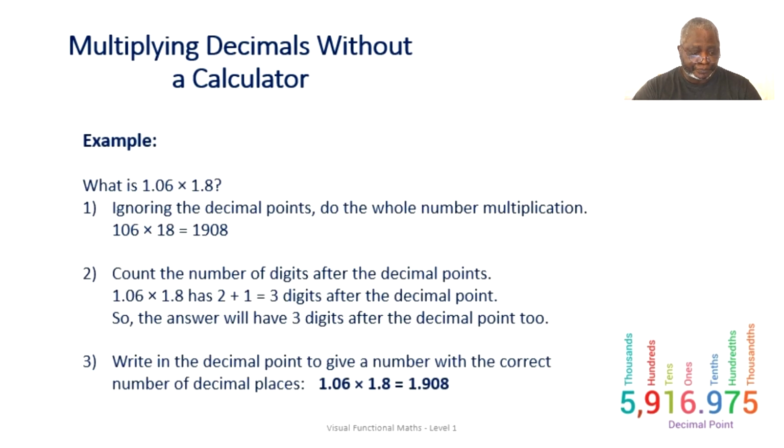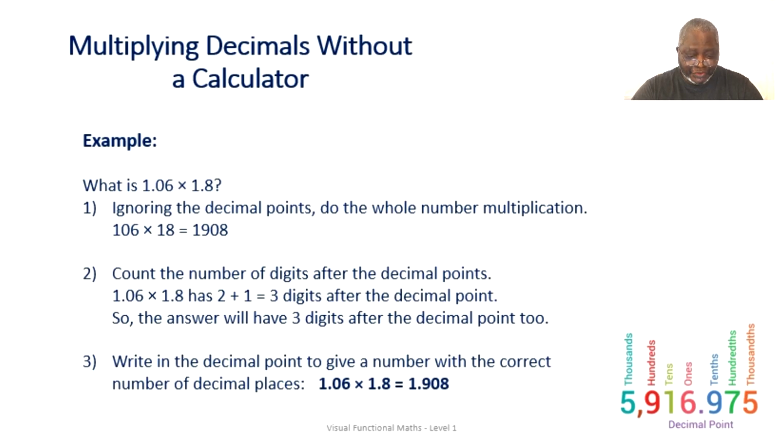An example. What is 1.06 times 1.8? Ignoring the decimal points, do the whole number multiplication. 106 times 18, you move the decimal points completely, which is equal to 1,908. Now, how do we work out the decimal points correctly?